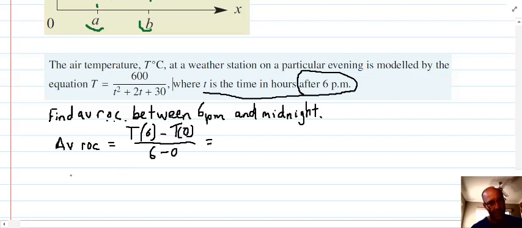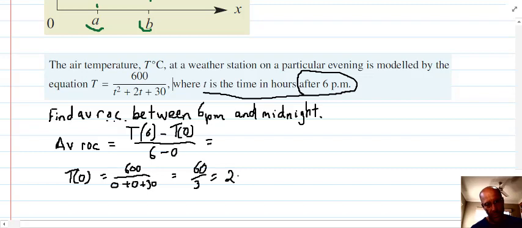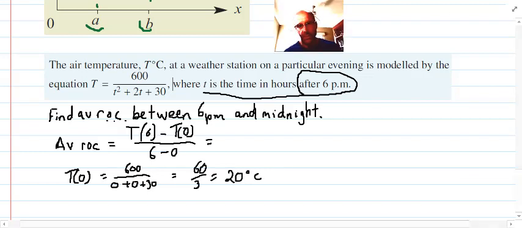So T of 0, write that in. We've got 600 over 0 plus 0 plus 30, which is 600 over 30, which is 60 over 3, which is 20 degrees Celsius.